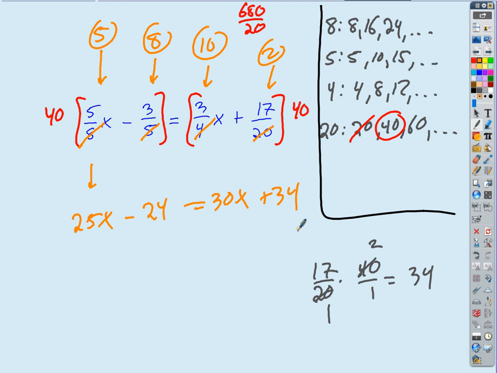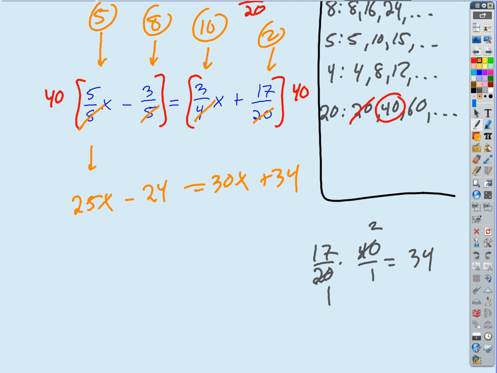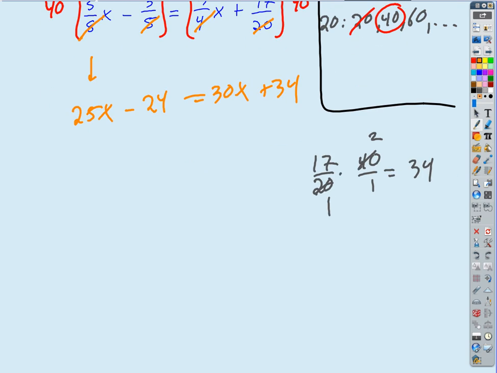Right, in one quick step, we get rid of all the fractions, and now all the algebra from there on out is easy, no fractions. And you'll see, if I push the x's to the right, the x's cancel, and I get negative 24 equals 5x plus 34.